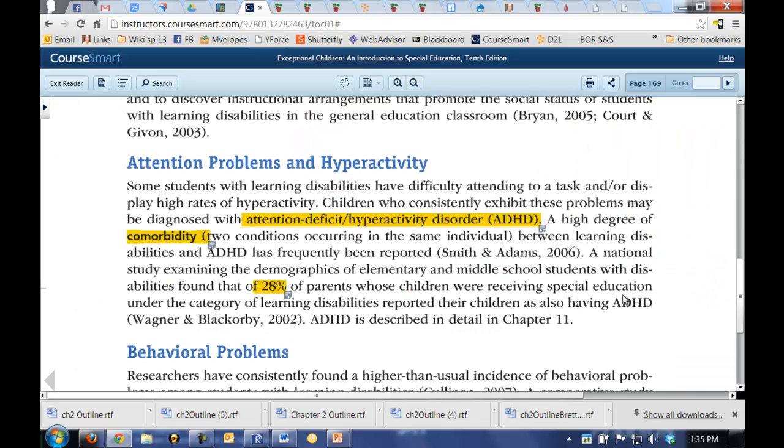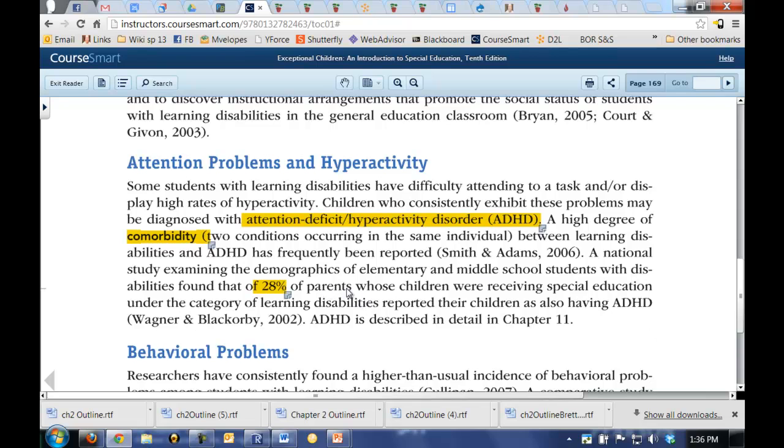That's number 10. But here's the part that is jarring to me. A national study of elementary and middle school students with disabilities found that 28% of parents whose children were receiving special ed under the category of learning disabilities reported their children also had ADD, ADHD. That seems very low to me. And I'm going to guess, okay, that they didn't look at the file.